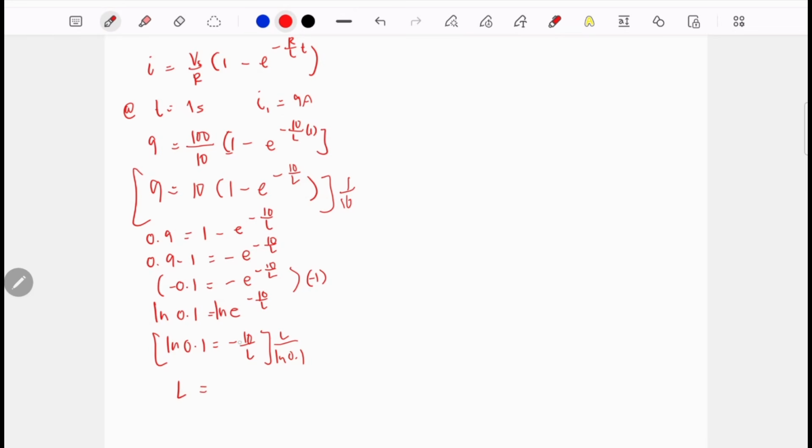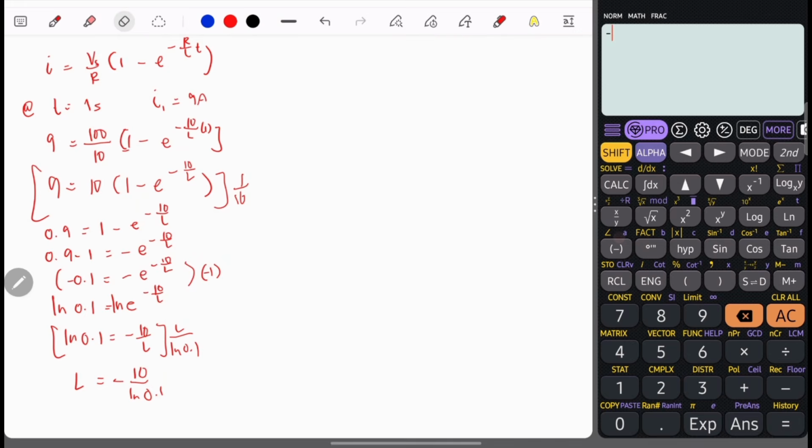Then if we multiply negative 10 over L by L over ln 0.1, L is cancelled out. So we have negative 10 over ln 0.1, which is 4.34. So we now have the inductance, 4.34 henries.